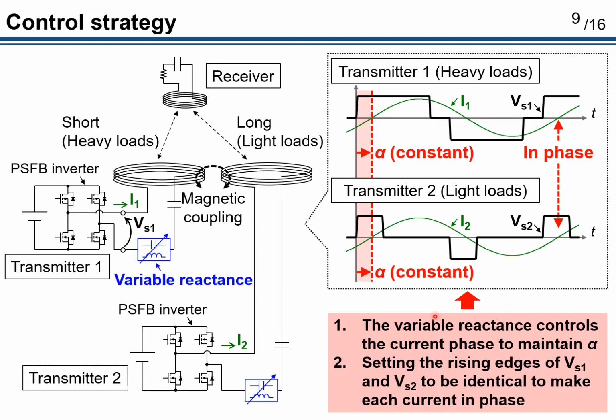To realize the performance, first, the variable reactance controls the current phase to maintain the phase difference between each current and the rising edge of each inverter's output voltage as a constant value alpha. In addition to this, the rising edge of each inverter's output voltage is set to be identical to make each current be in phase.